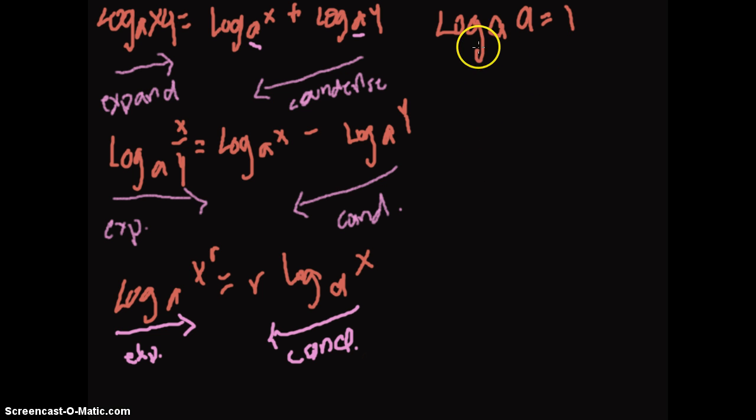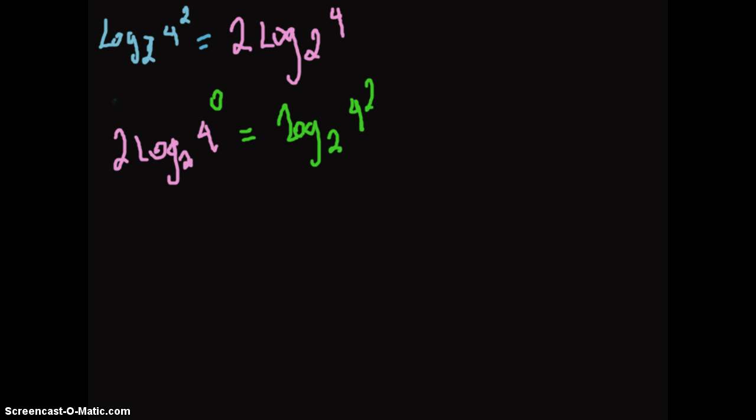Now, why is that? Well, let's read the explanation. It says, if what you're taking the log of equals the base, then the expression equals 1. So, essentially, let's work it out actually, instead of just telling you.